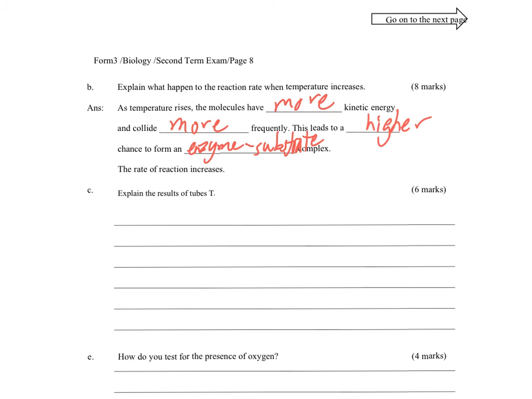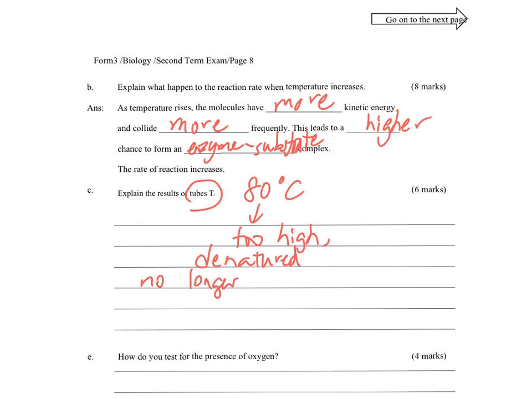However, in tube T, the temperature is 80 degrees Celsius. The temperature is too high. When the temperature is too high, the enzyme will denature, or the shape of the active site changes. It no longer combines with the substrate.